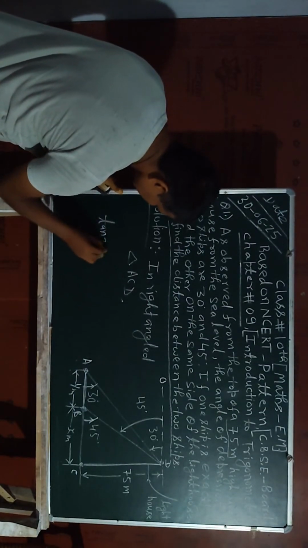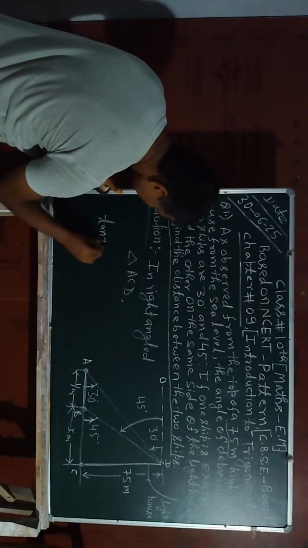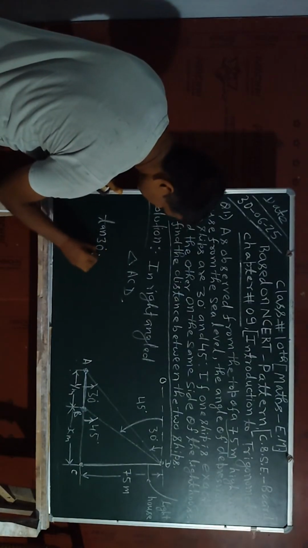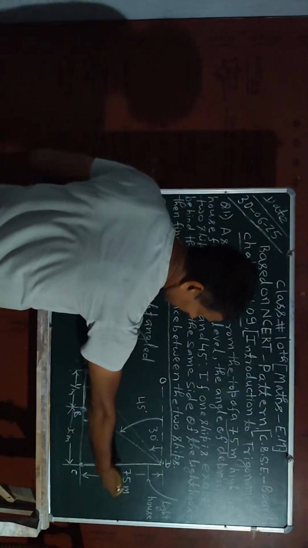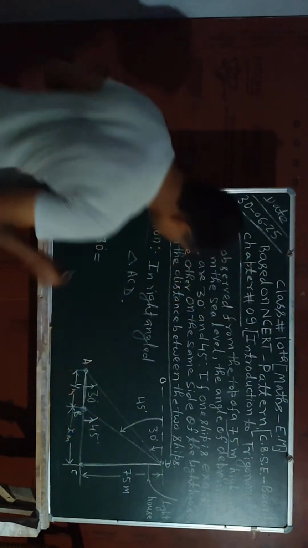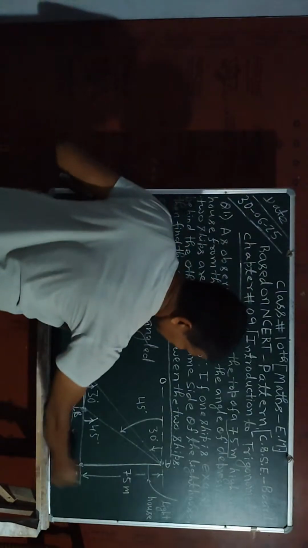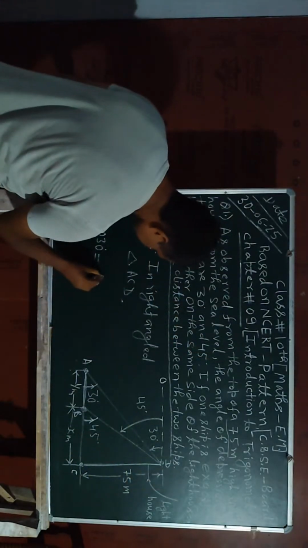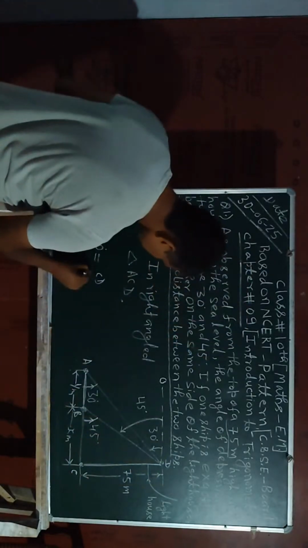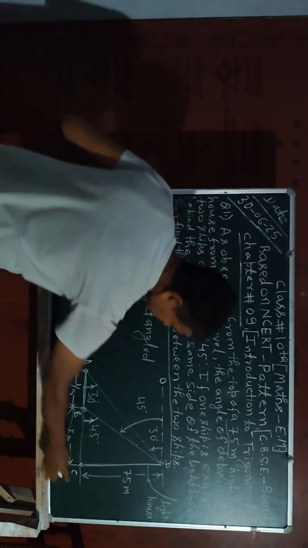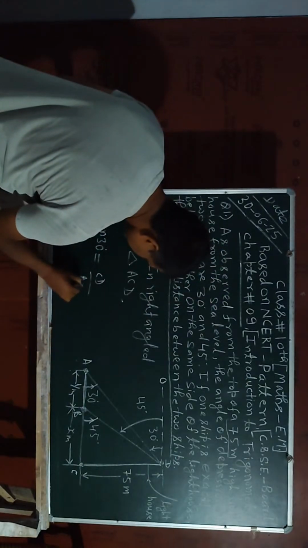Tan 30 degrees is equal to, tan theta is equal to perpendicular divided by base. So perpendicular is CD divided by base. Base is AC. I will write here AC.